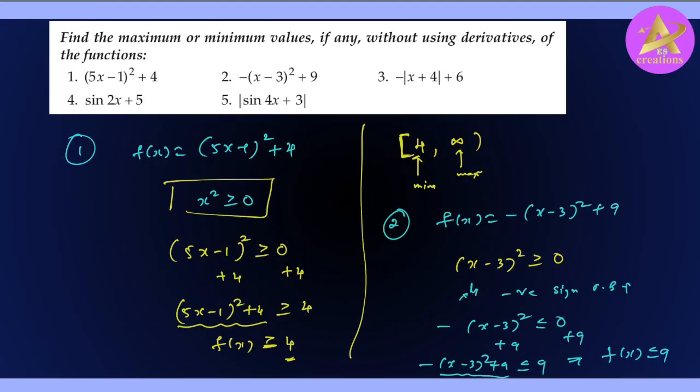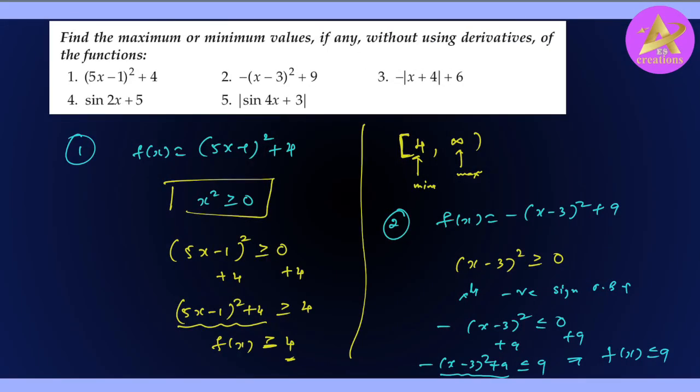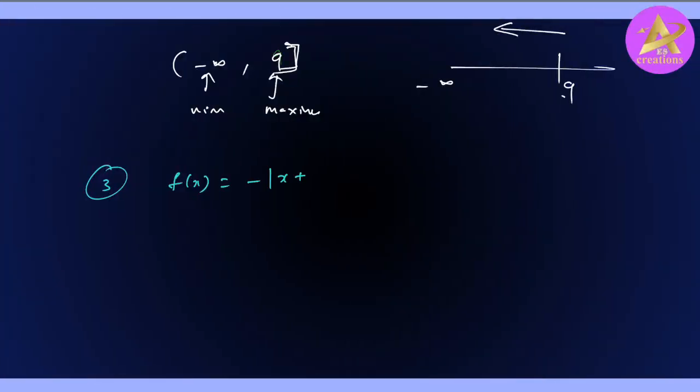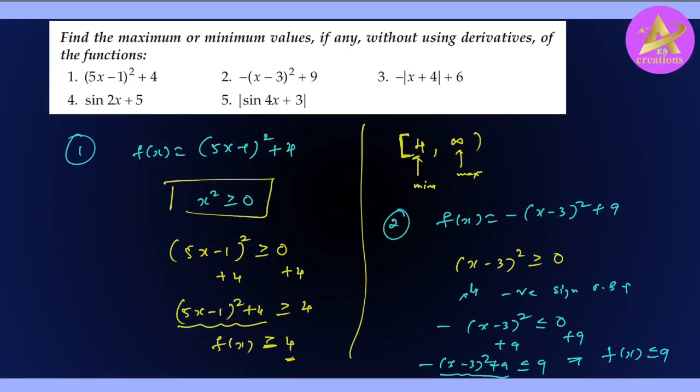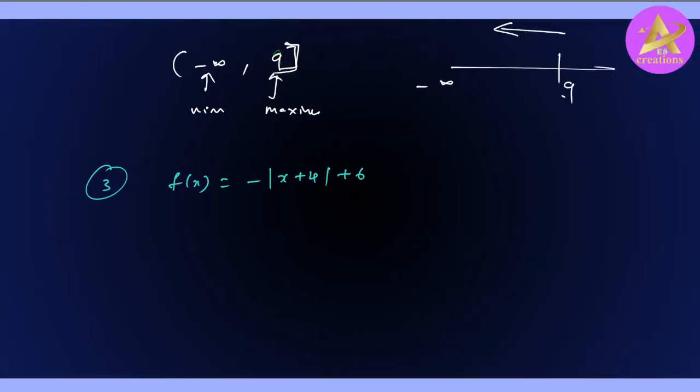And the third question, f of x is equal to minus mod of (x plus 4), plus 6. We know that the modulus function is always positive. Inside the modulus you take any number, it may be negative or positive, the modulus always gives positive values only.